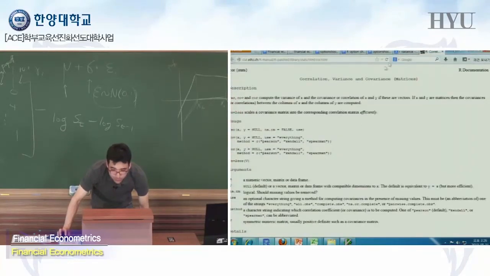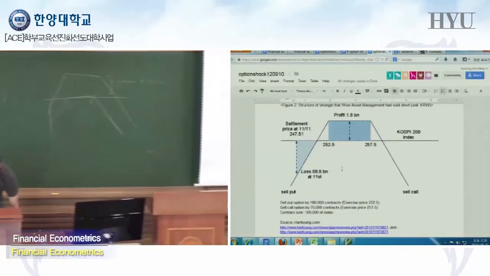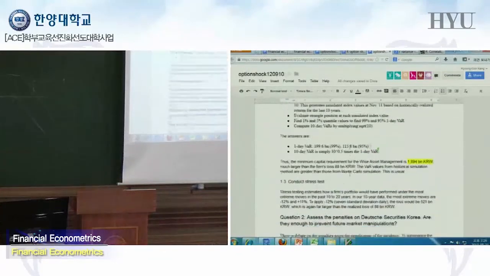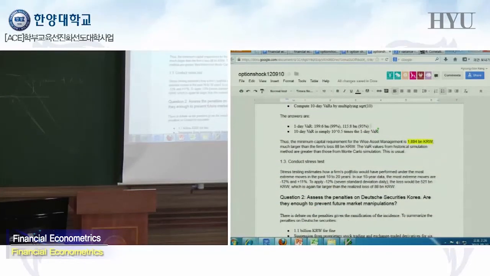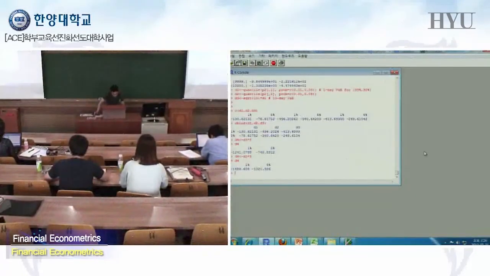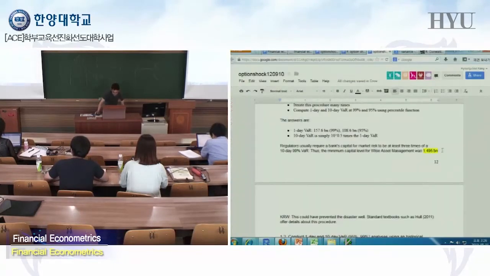This is what I use in our class, 1495. Yes, I think I use D4. I multiply 3 to the D2, not D3. So this is what I have.